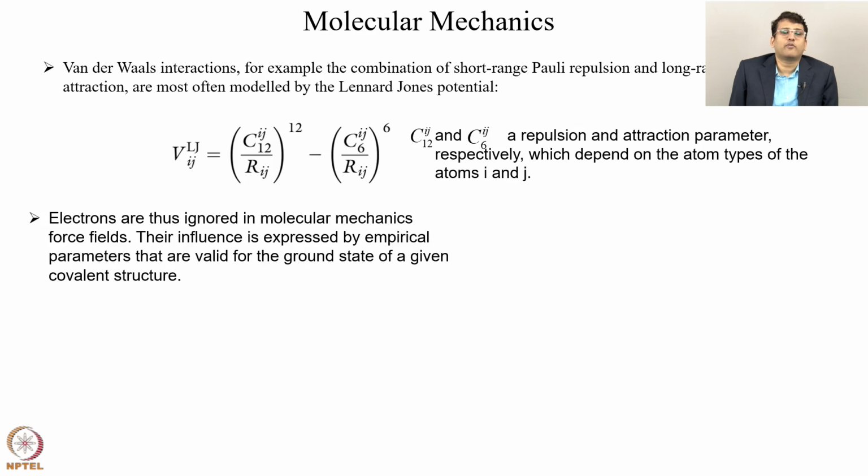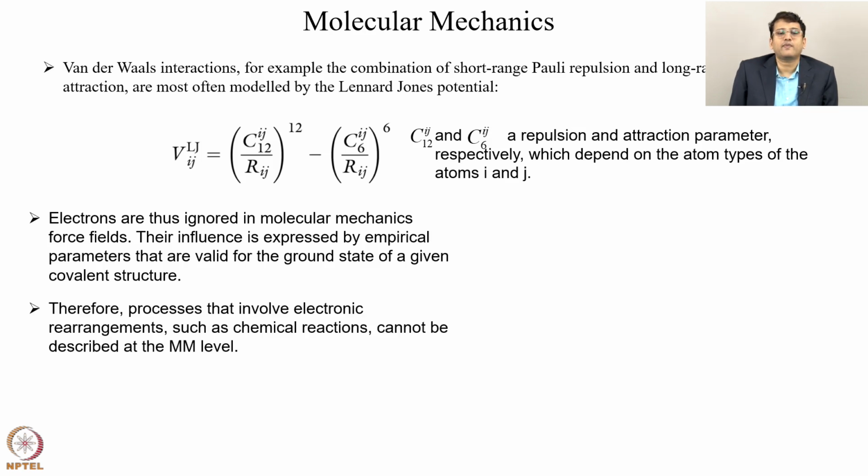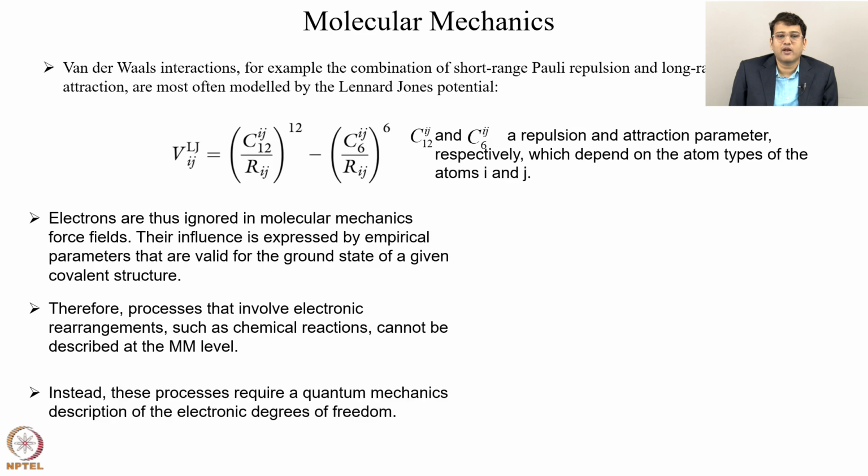Electrons are thus ignored by the molecular mechanics force field. If I think of the electron as a classical thing, they are like charged particles, and their influence is expressed by empirical parameters that are valid for the ground state of a given covalent structure. Therefore, processes that involve electronic rearrangement, such as chemical reactions, cannot be described at this level.